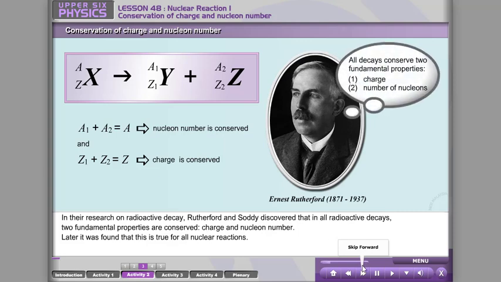In their research of radioactive decay, Rutherford and Soddy discovered that in all radioactive decays, two fundamental properties are conserved: charge and nucleon number. Later, it was found that this is true for all nuclear reactions.